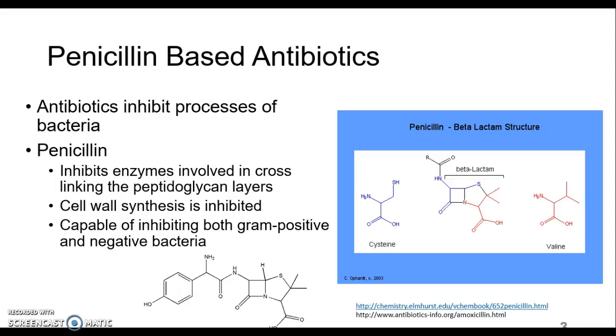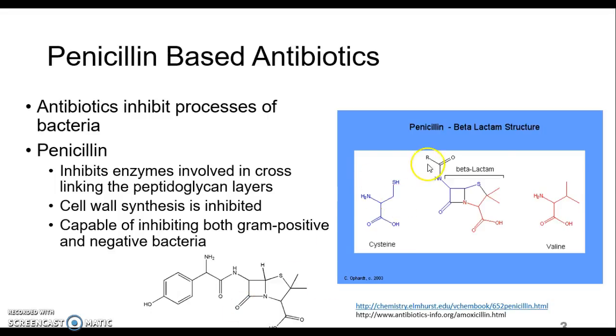What these enzymes do is they pretty much synthesize the cell wall of bacteria. And so penicillin inhibits these enzymes, and it doesn't allow the gram-positive and gram-negative bacteria to reproduce and continue to invade the human body.